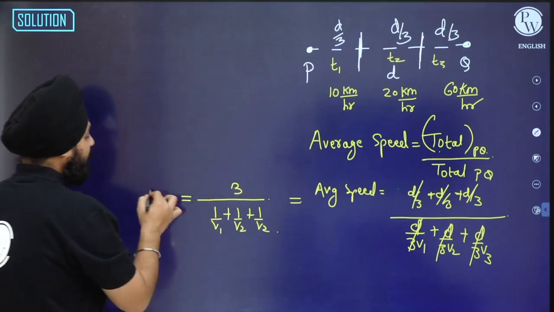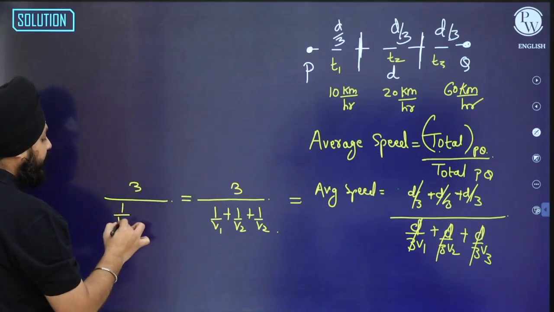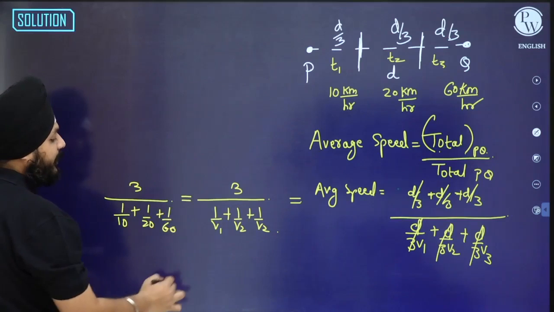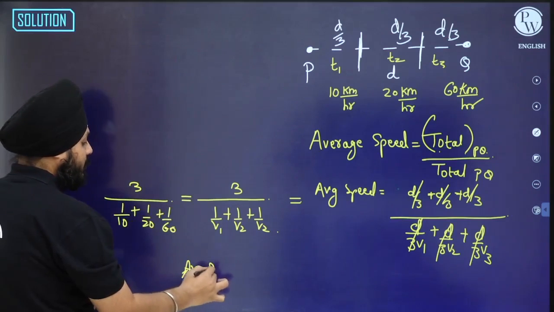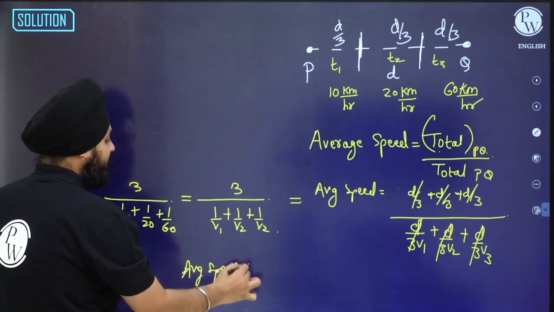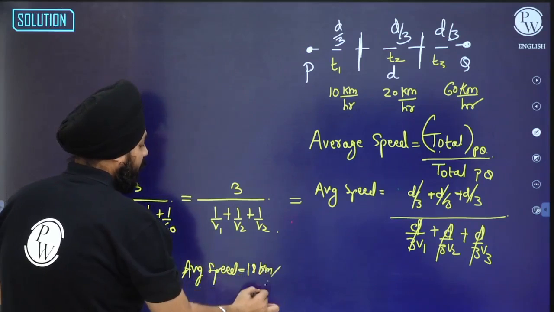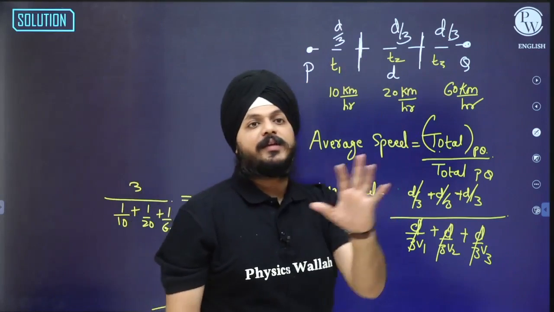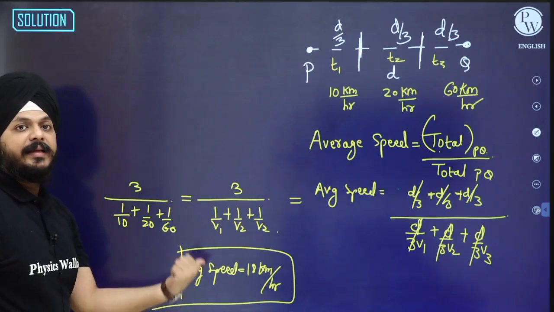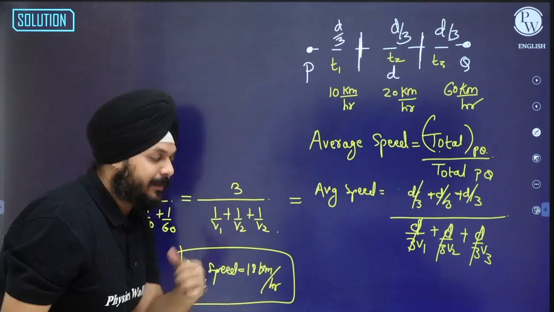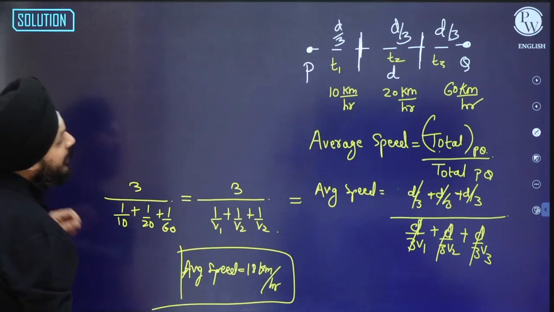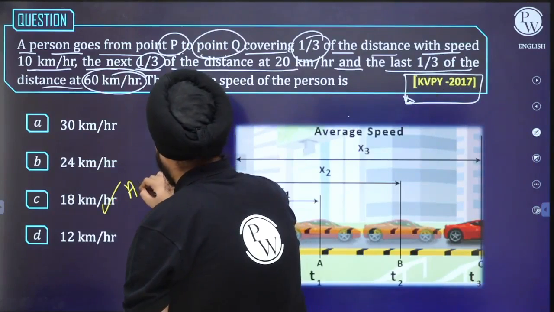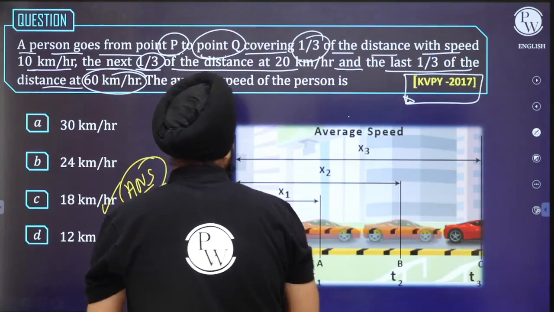Replacing with 1 by 10, 1 by 20, 1 by 60, I get the average speed as 18 km per hour. So whenever the particle travels from P to Q, its average speed is 18 km per hour. The perfect answer for this question is C.